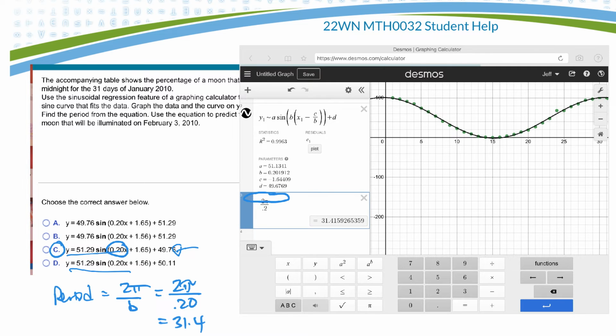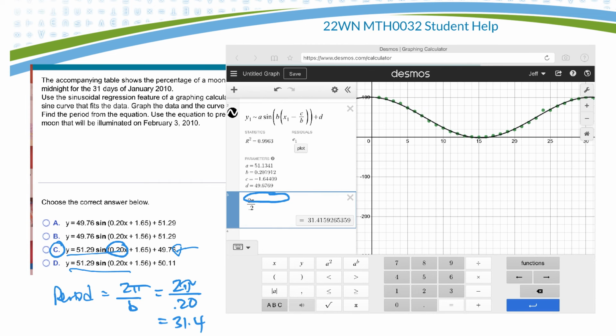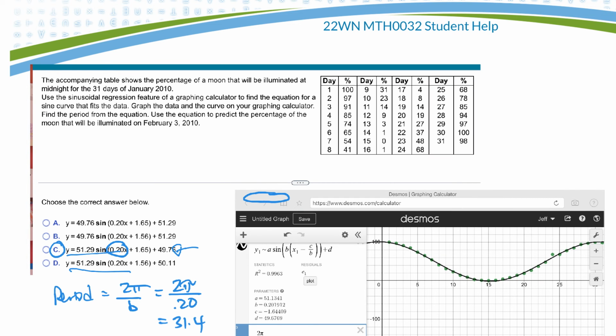Then they say, use the equation to predict the percentage of the moon that will be illuminated on February 3rd. So February 3rd, it looks, oh, let me move this down. So February 1st would be day 32, 33, 34. So this is February 1st, 2nd, 3rd, and I want the 3rd.